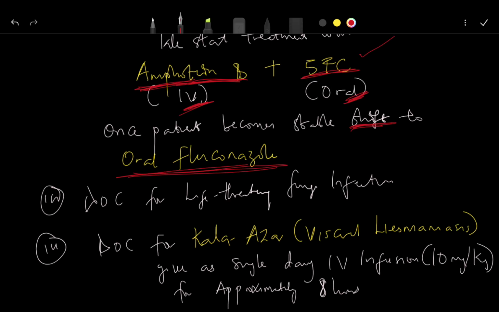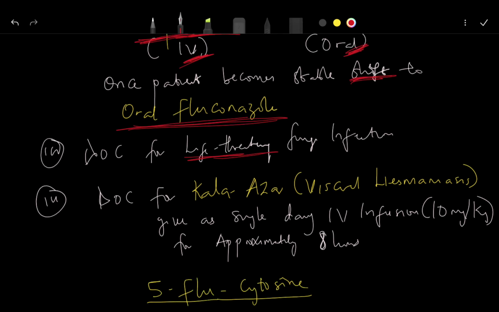Now, it's also the drug of choice for any life-threatening infection. Once a patient's life is being threatened by a fungal infection, we don't care anymore, we just give the amphotericin B regardless of the nephrotoxicity, because the patient has deteriorated to a large extent. Then it is also the drug of choice for Kala-Azar.